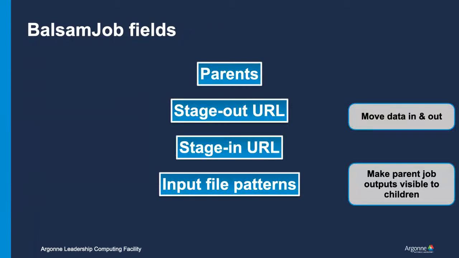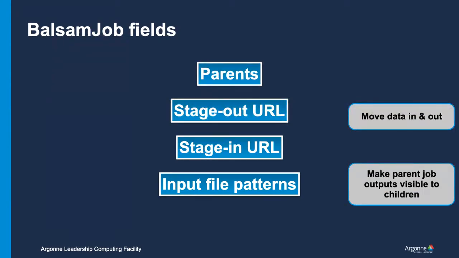There are also fields to specify where data can be staged out, or copied to some external location, at the completion of a job, or staging URLs that allow us to bring in data before a job starts running. We can also control with these input file patterns what outputs from a parent job are visible to the child jobs.